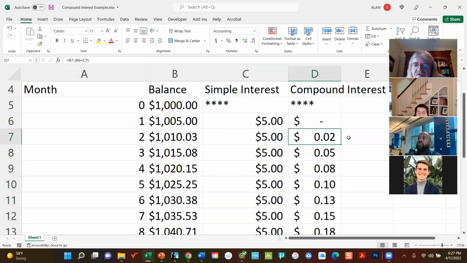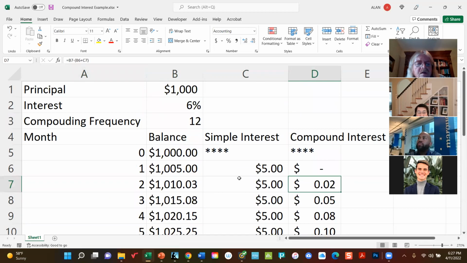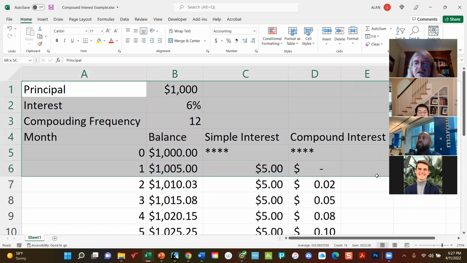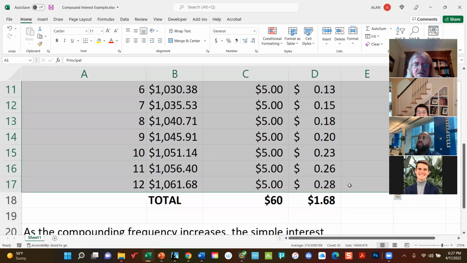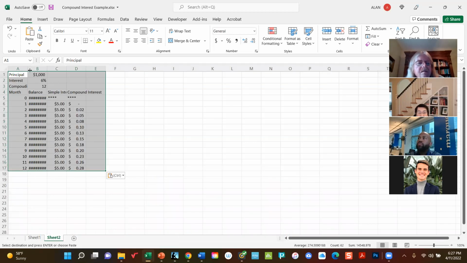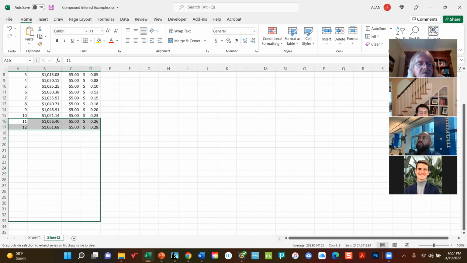The compound interest increases. So if you wanted to know how long that would take, you could actually just drag it down. In fact, let's do that. Let's go on to the next sheet. And let's see how long I have to keep dragging this thing down to get to the point where the simple interest is less than the compound interest.